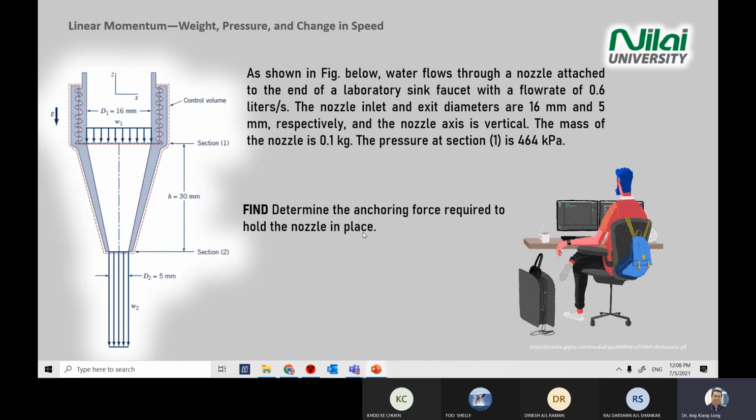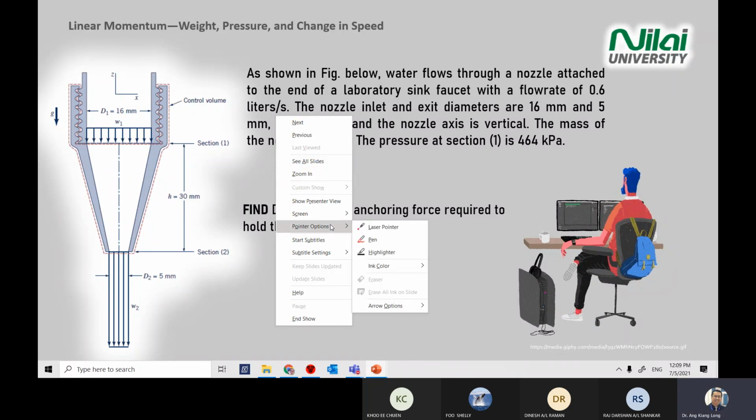What you need to determine is the anchoring force required to hold the nozzle in place. That means you need to find the reaction force that keeps the nozzle in place without flying away under the water pressure. The water pressure is from the top, and it will push the front cap down. So we need to find the anchoring force that keeps the nozzle together.